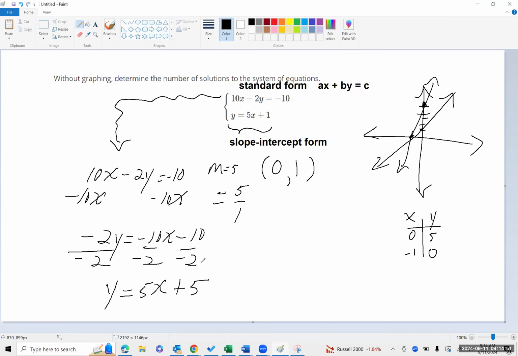Now, assuming I did that right, and let me double check my work. Subtracted 10x, divided by -2.